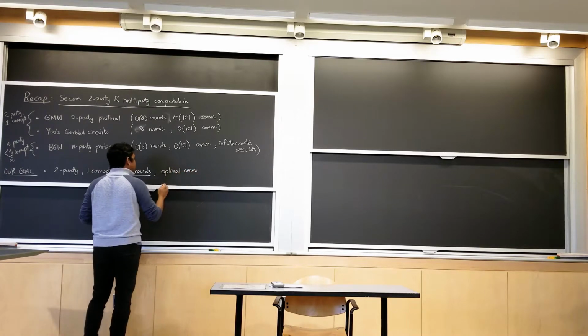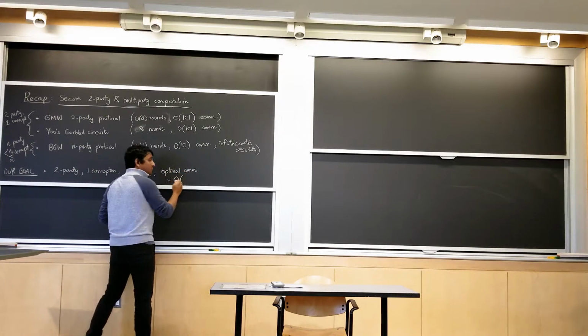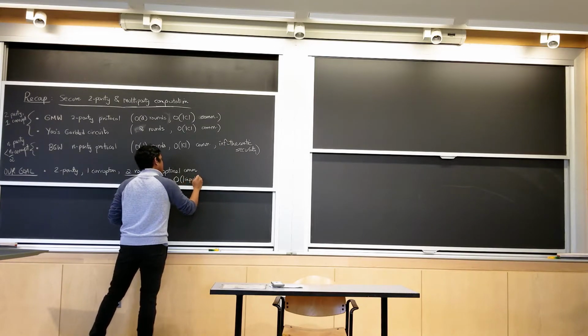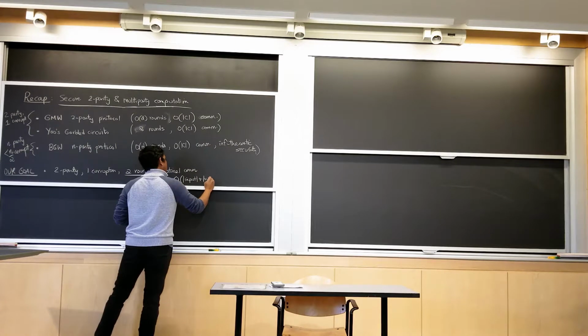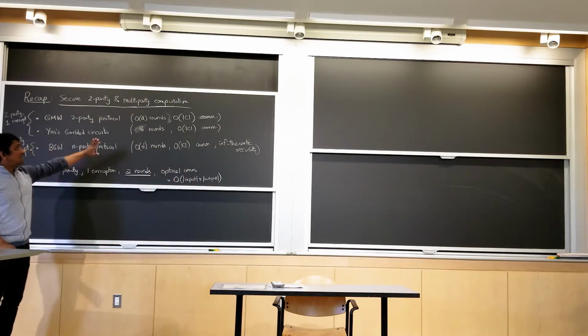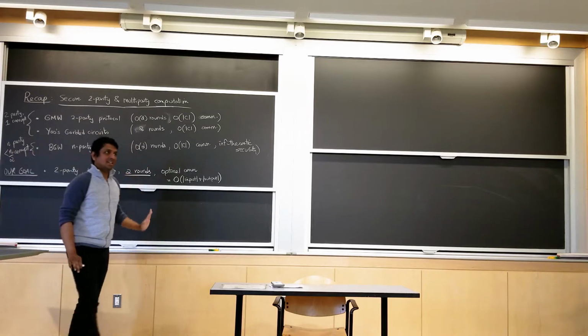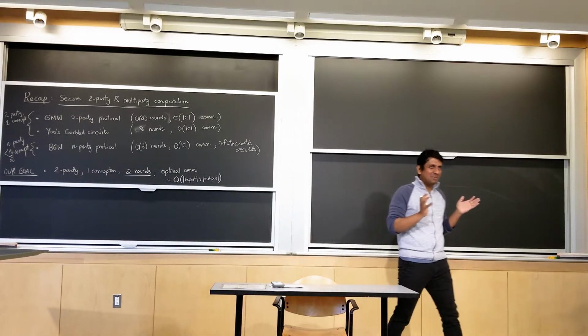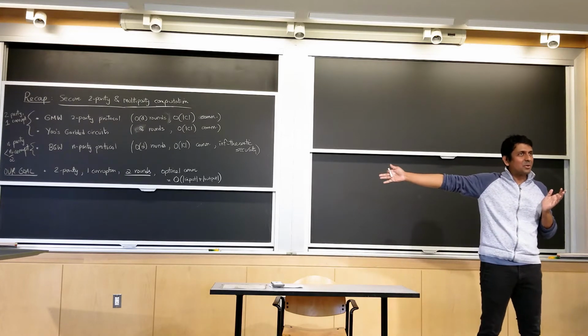communication, so this will be basically for general functions, it will be proportional to the length of the input. What's the length of the output? Independent of the computational complexity. Yeah, this is what you get for insecure. Without caring about security, this is what you get for communication.